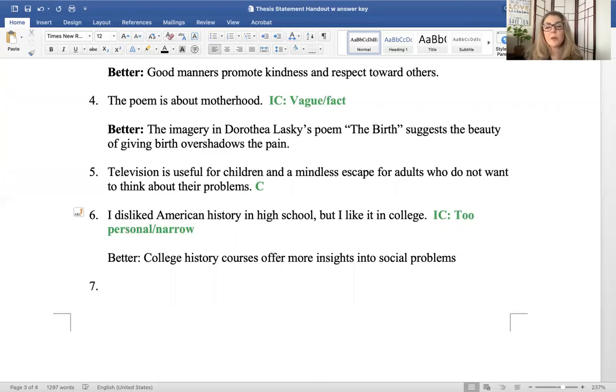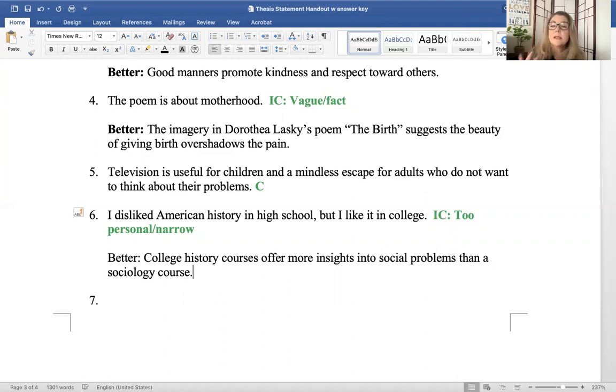College history courses offer more insight into social problems than a sociology class or course. Let's be consistent here, okay? So let me read this again. College history courses offer more insights into social problems than a sociology course, which is interesting because we expect that a sociology course would be more of an authority on that topic. However, this writer feels that he or she learned more about that in a history class.